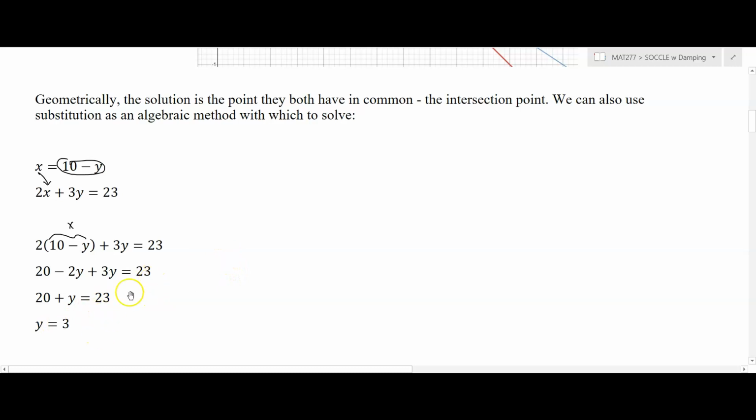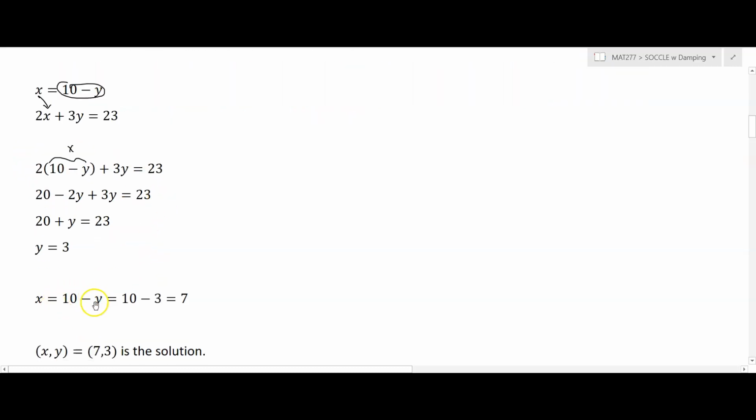Once you find the y value that both equations have in common, you can plug y equals 3 back into either of the two equations and solve for x, but this one's already solved for x, so why not just say x equals 10 minus y? Since y is equal to 3, we substitute 3, and 10 minus 3 is 7. So x equals 7, y equals 3 is the solution.